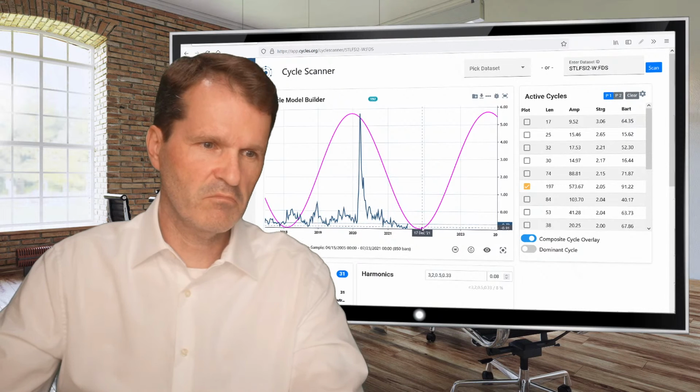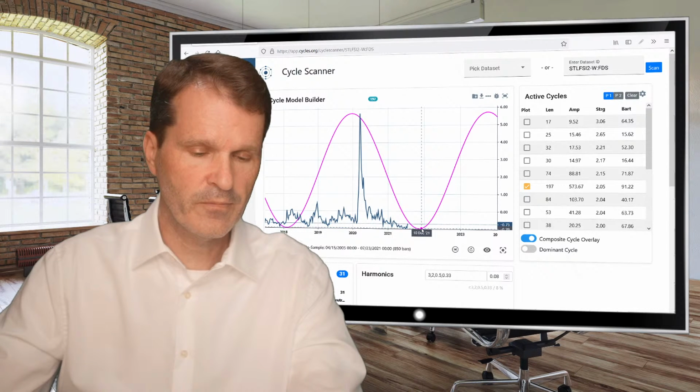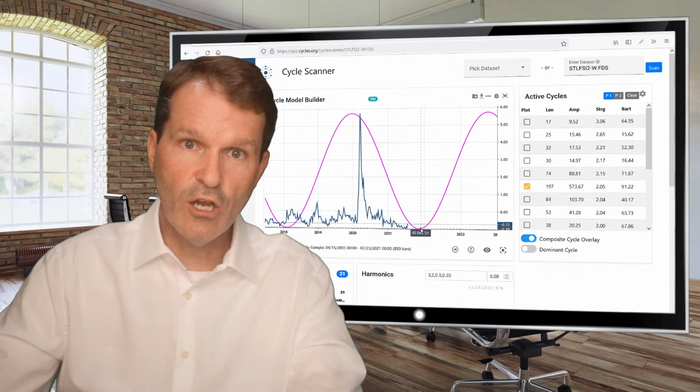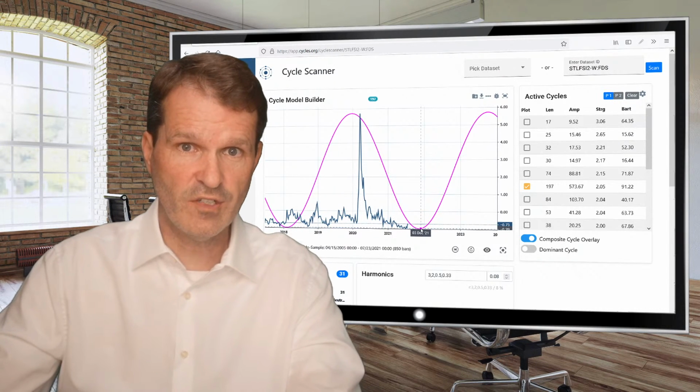So this should show us, and that's similar to the daily analysis I did on the main markets here, that a low in the financial stress index might be expected for end of this year.